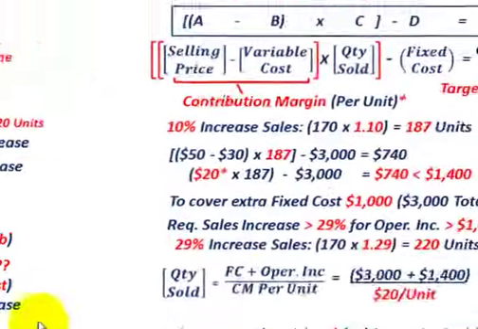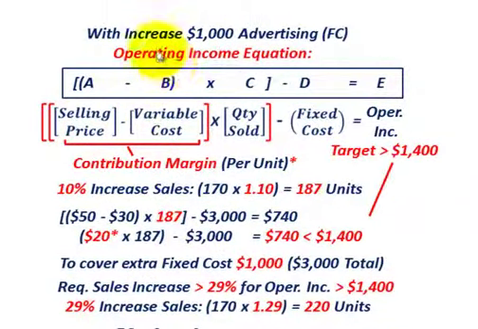Okay, now let's go through the numbers where we'd have that increase of $1,000 in advertising as a fixed cost. It's the same equation we just went over for determining our operating income. The only point I want to make is that when you're laying out these problems, you can use simple algebra to determine any of your quantities or costs.